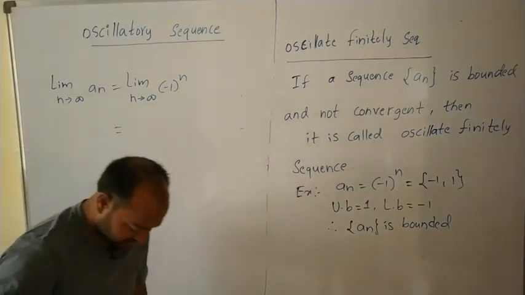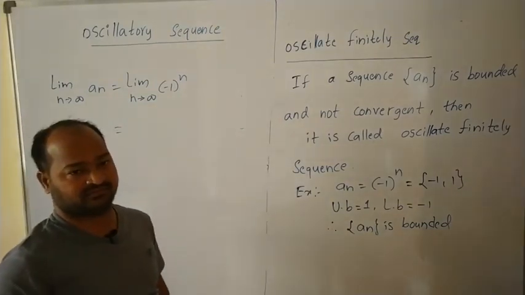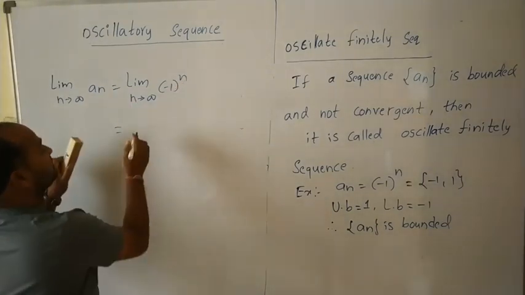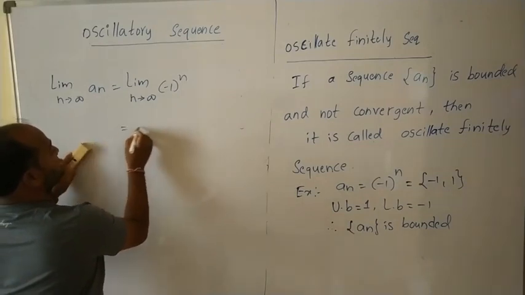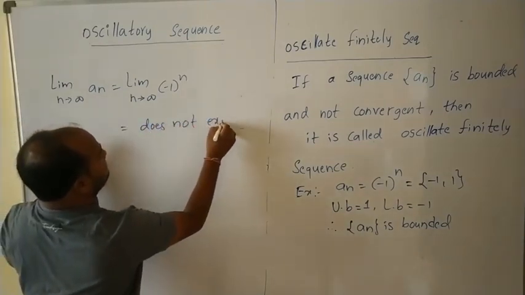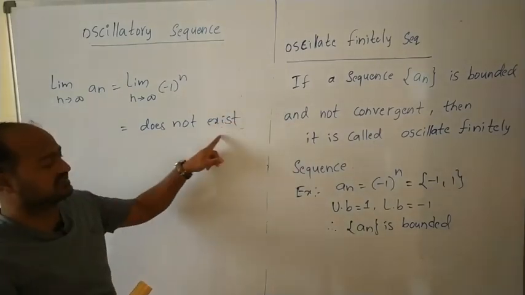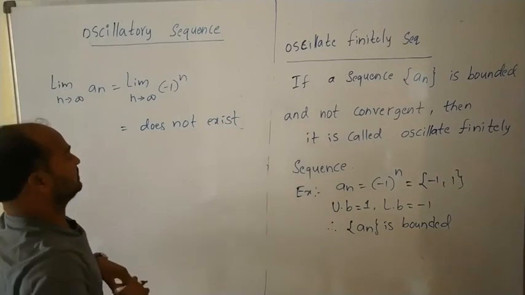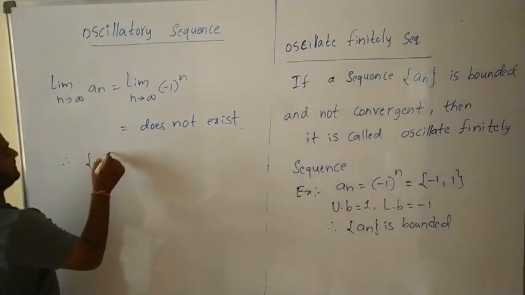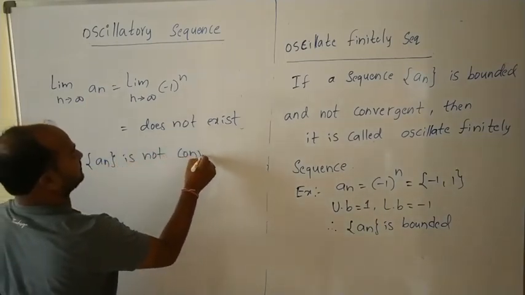Here this limit does not exist. Therefore we can say that the sequence an is not convergent.